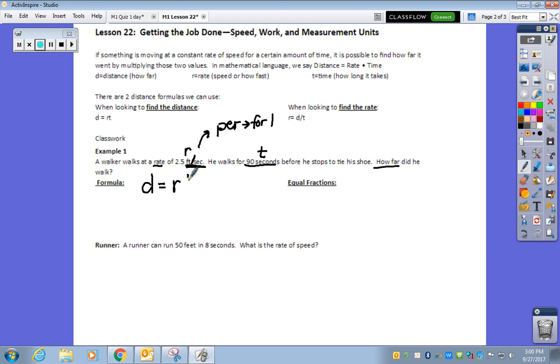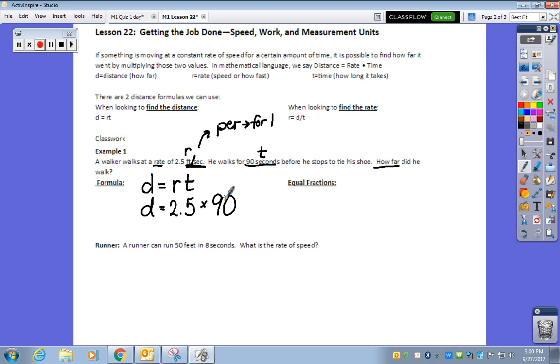D equals RT, or distance equals rate times the time. My distance is what I'm looking for, so I don't know that. I'm going to replace the R with my rate of speed, which is 2.5. And then I'm going to replace the T with the time, or 90.